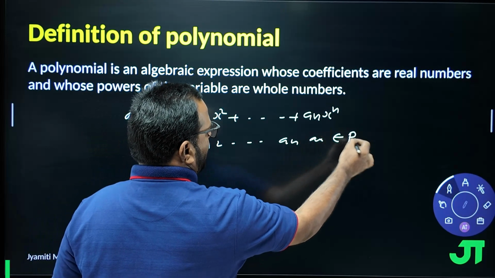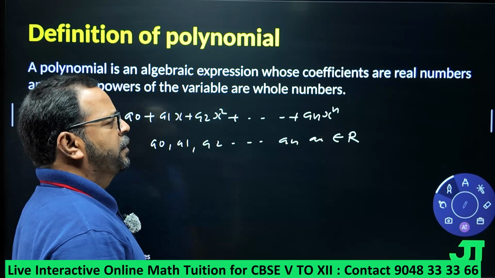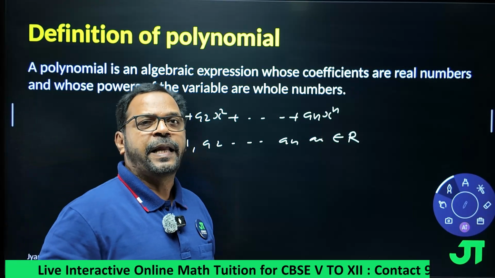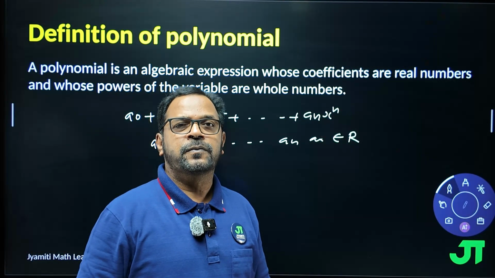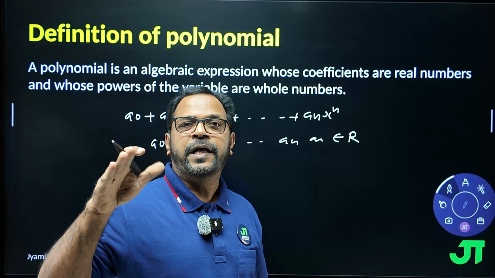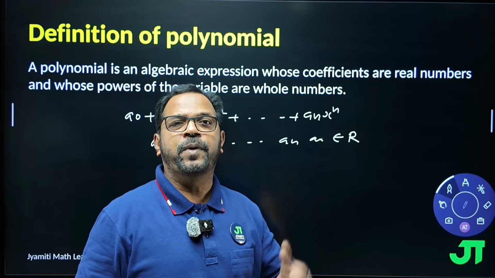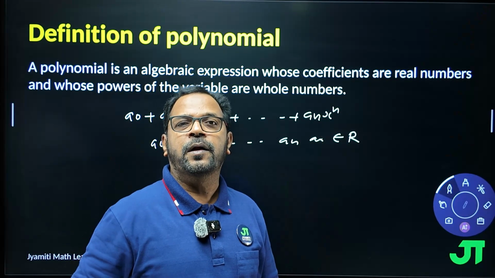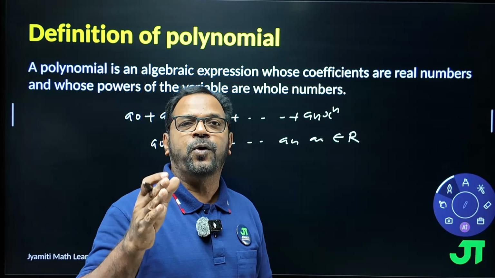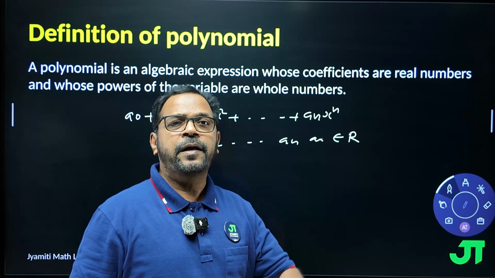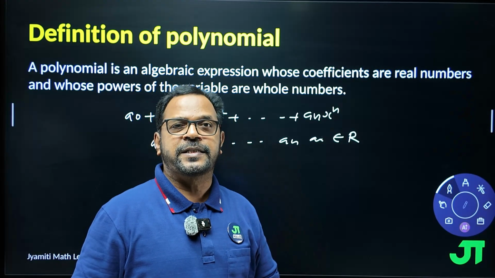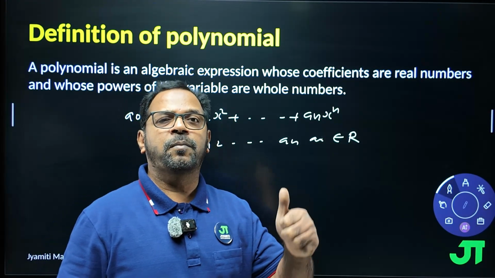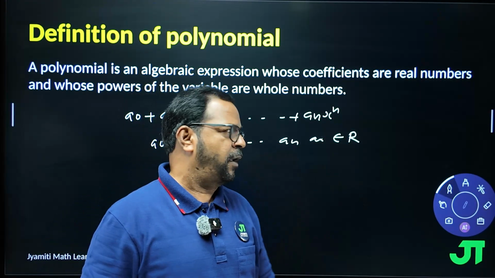They belong to R. A polynomial can be named in two ways. On the basis of degree, we have constant polynomial, linear polynomial, quadratic polynomial, cubic polynomial, etc. And when number of terms are concerned, we have monomial, binomial, trinomial, etc.